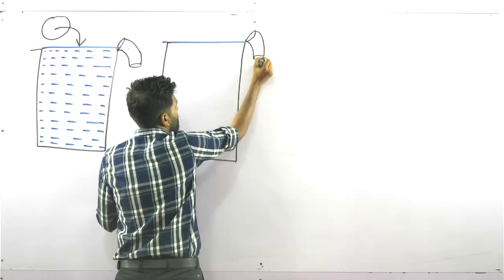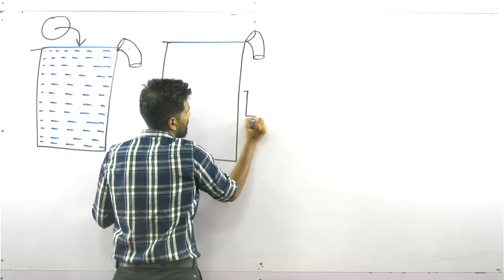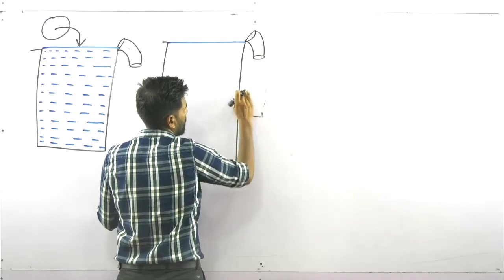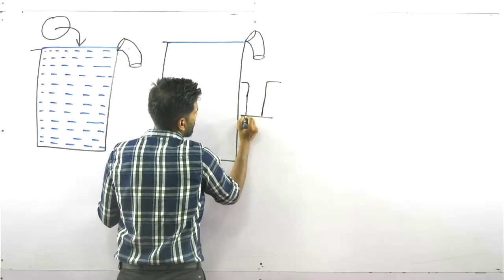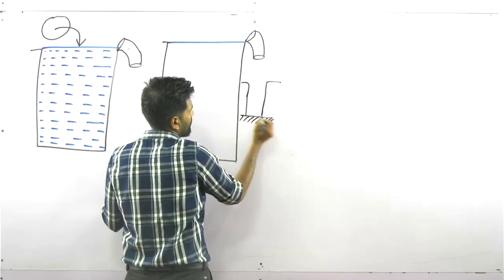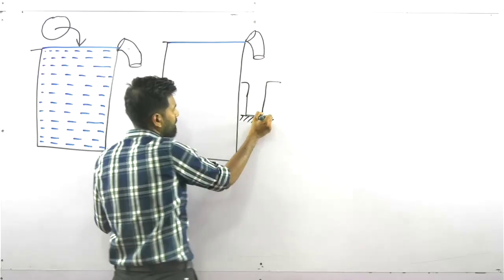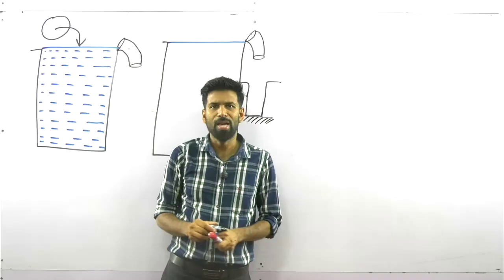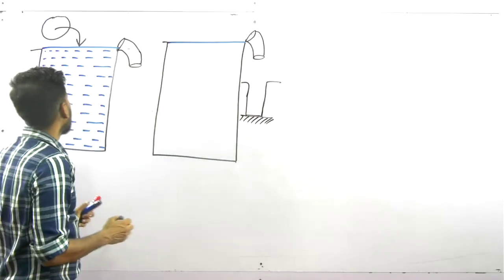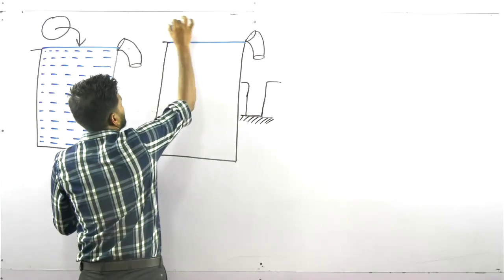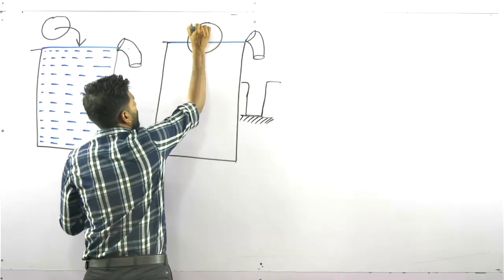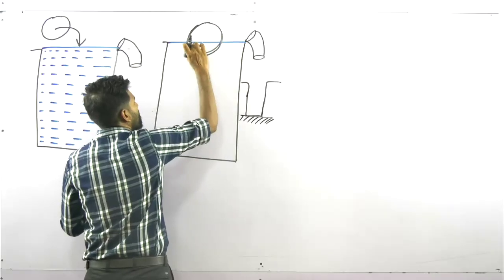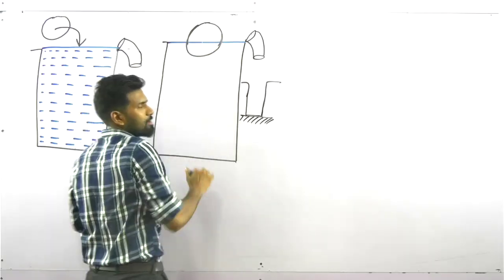You have this drain, and I will place another container to handle the liquid that is coming out. Now here, when the object is placed in the liquid, what happens?